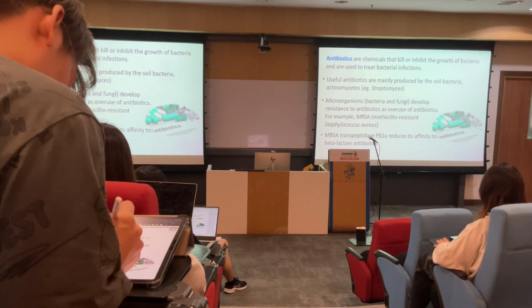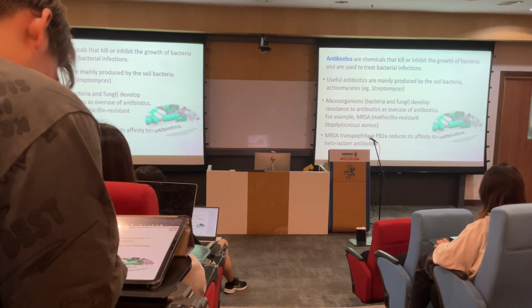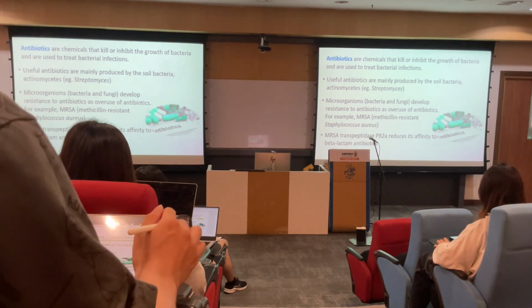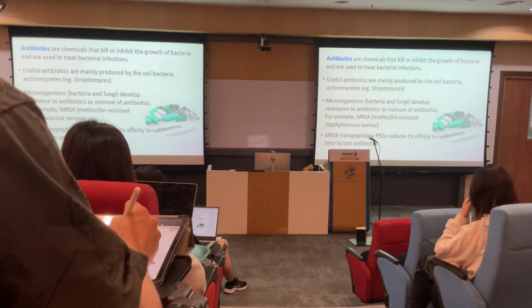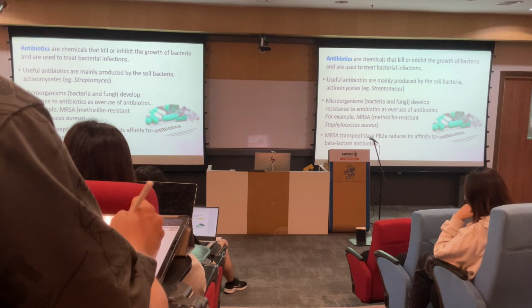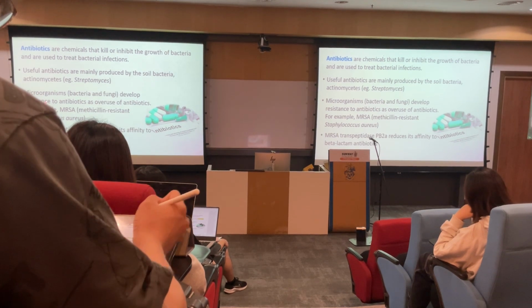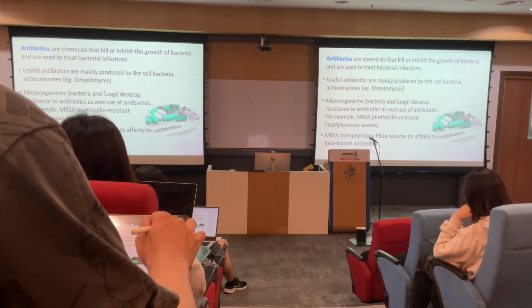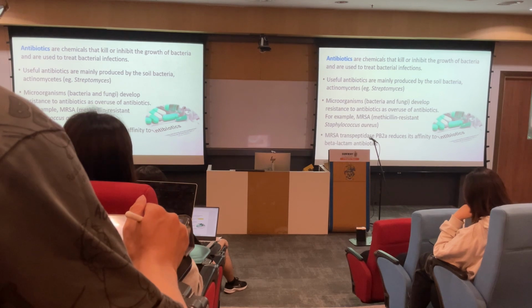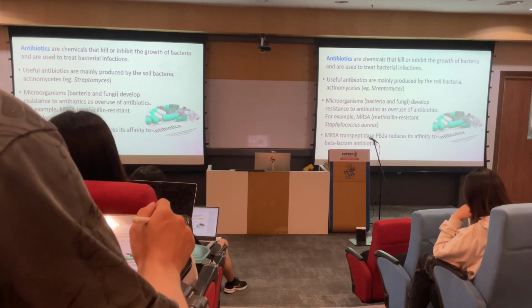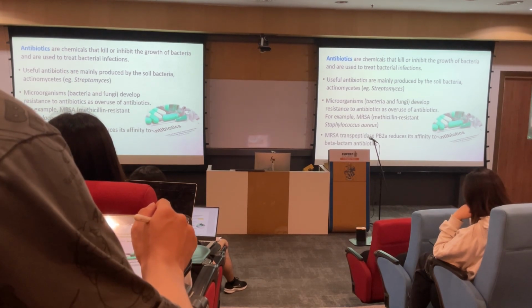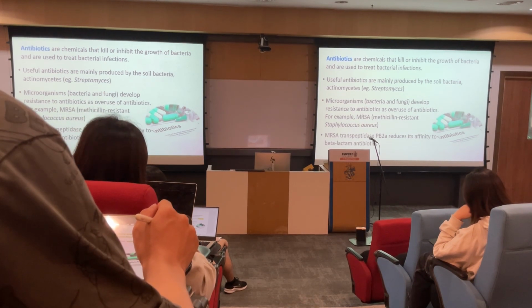Because of the current issues with using antibiotics, we are not allowed to simply buy them from chemists. If you go back 6 years ago, you could get antibiotics from any chemist, I think. Is it 6 or 10 years ago? I remember I purchased them before.